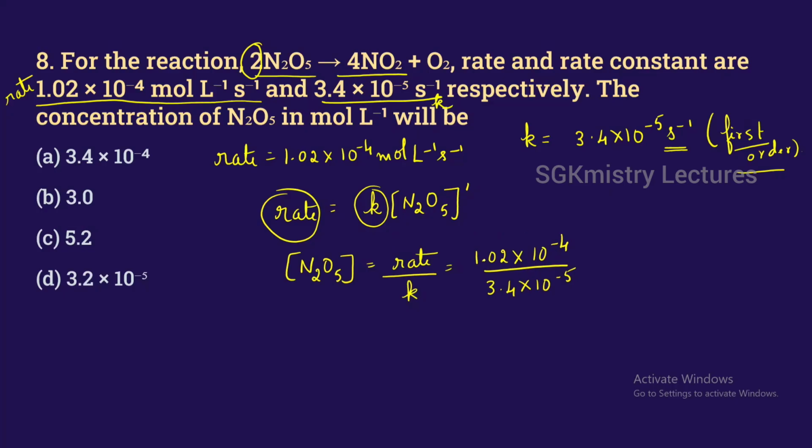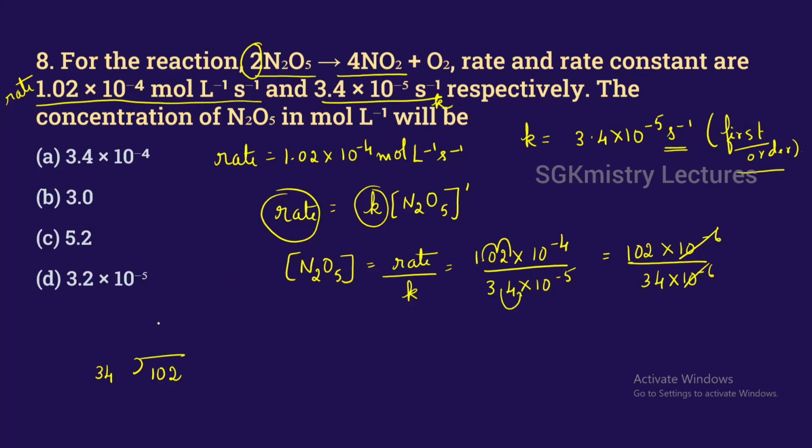Okay, so this also I can make it as, if I shift the point this side, 102 into 10 to the power of minus 6 divided by 34 into 10 to the power of minus 6. So these both cancel, so 102 by 34.